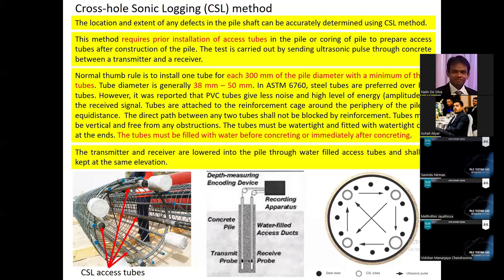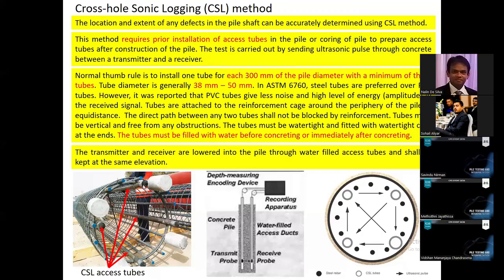We need to fill these tubes with water before or immediately after concreting, otherwise debonding will occur. These tubes will be debonded from the surrounding concrete, and your wave response will be affected. These tubes are attached to the rebar cage, right?